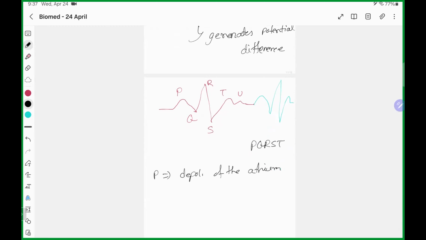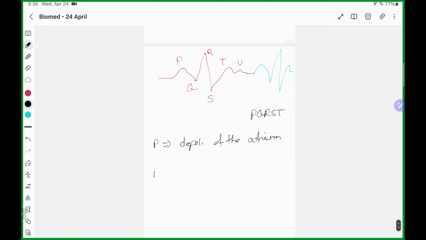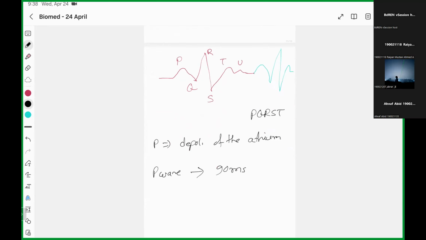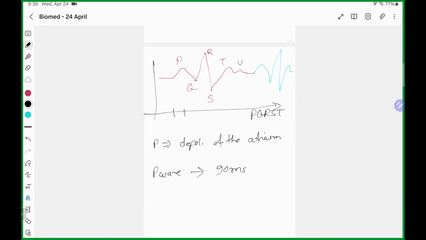Now, this P wave, as you can see here, starts for around 90 milliseconds. This time is very important. Millisecond means you are measuring it with respect to time. From this exact time, we can diagnose different conditions.